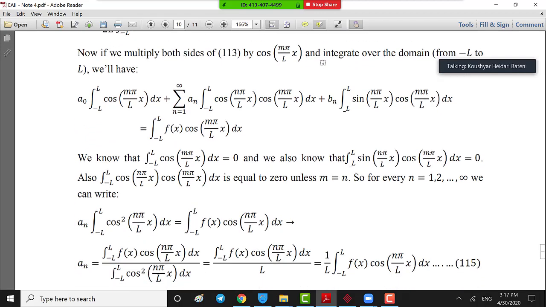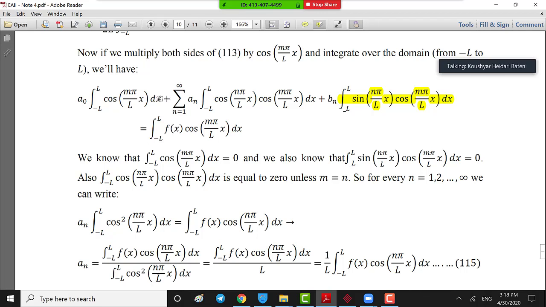Now, for determination of an, after multiplying both sides by cosine of n pi over L x and then integrating over the domain from minus L to L, we're going to reach this equation that you're seeing. Now, in this equation, inside the sigma, all these integrals that are sine times cosine are going to turn out to be 0.